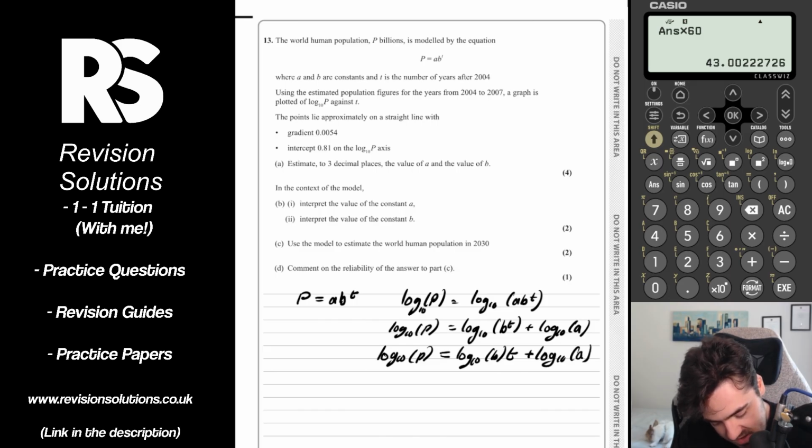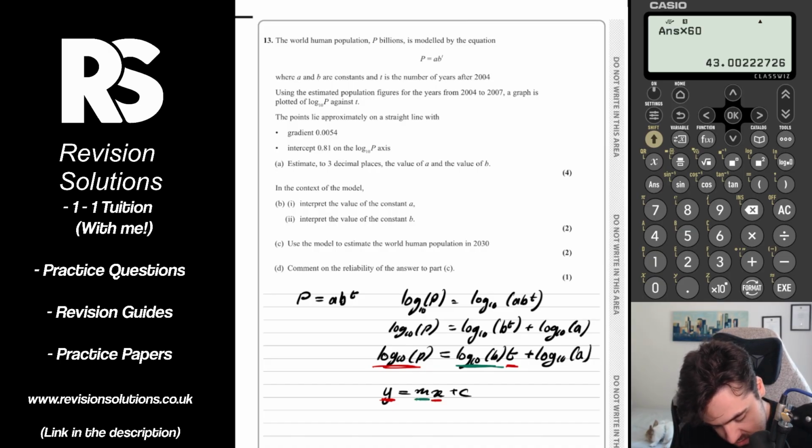So now if we compare this to y equals mx plus c, then we know that our y-axis is log base 10 of P, like they said, and I forgot the plus c. The x-axis must be T, so whatever's multiplying the x-axis must be our gradient. That's the m.